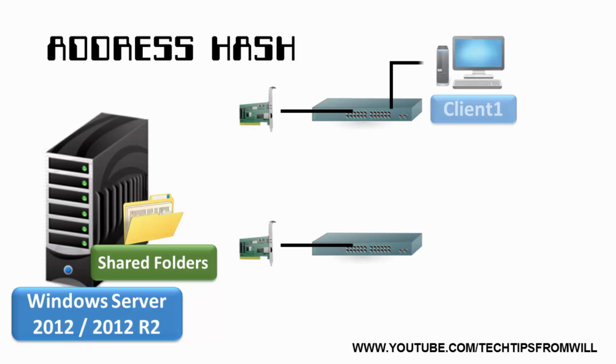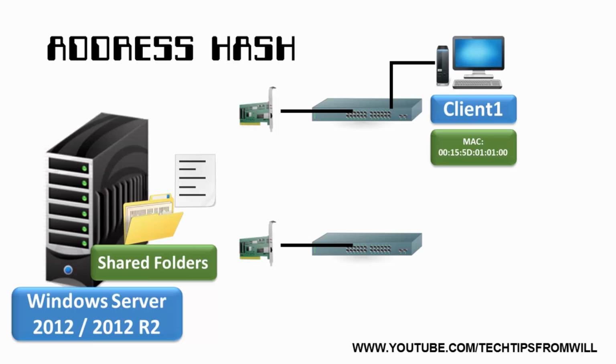Let's say that a client computer named Client1 requires access to a file hosted on the file server. Client1 has a MAC address of 0015D010100 and an IP address of 192.168.1.100.